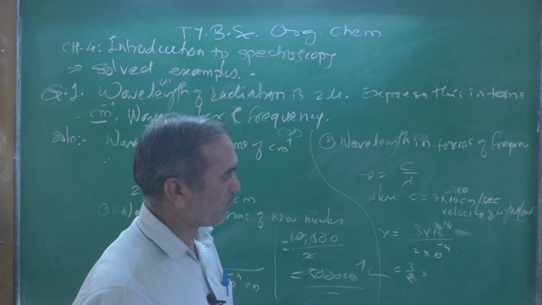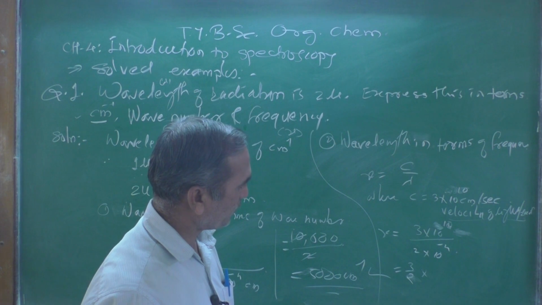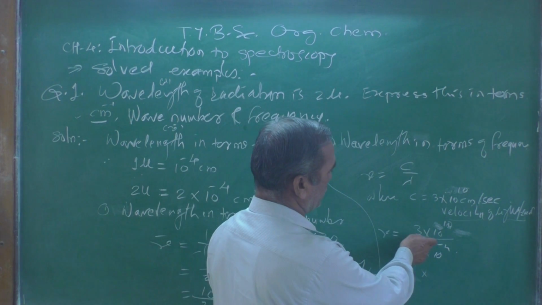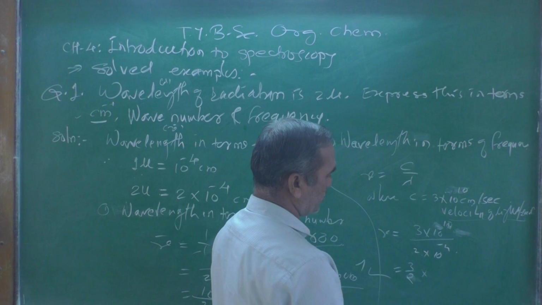So 3 into 10 raised to 10 divided by 2 into 10 raised to minus 4.